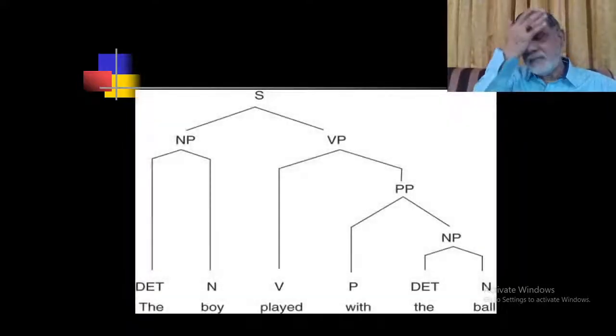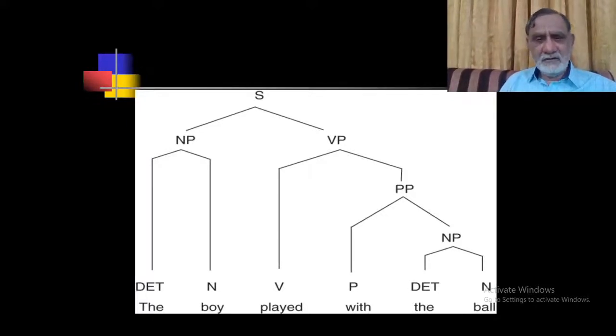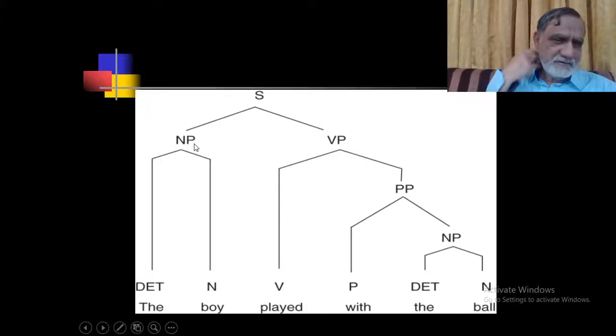See this? This is the syntax structure. On top of it, this is S, NP, VP. This is noun phrase, this is verb phrase, noun phrase. The boy is a noun phrase, and further it has been divided into determiner, the, and noun, boy.